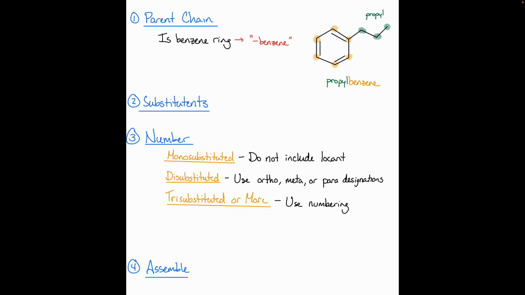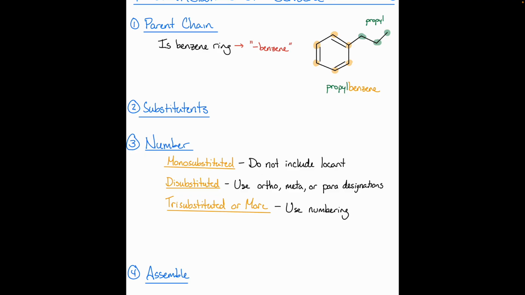All right, I said we were going to leave some room up here to complicate this parent chain business. That is because there are a few benzene derivatives that are special benzene derivatives.